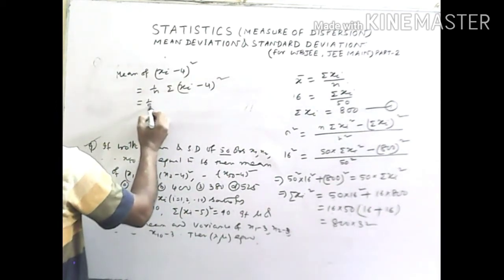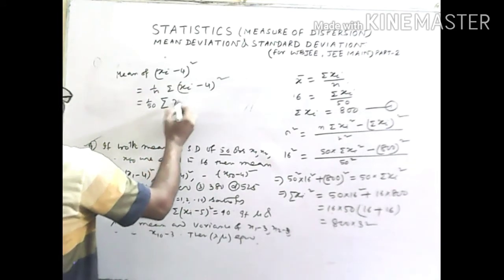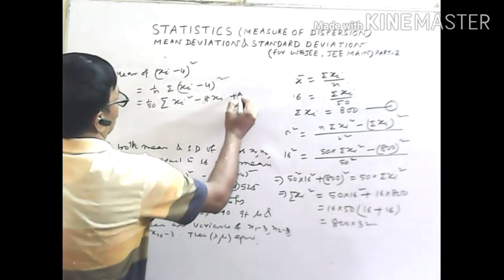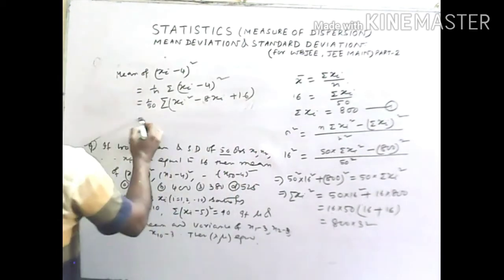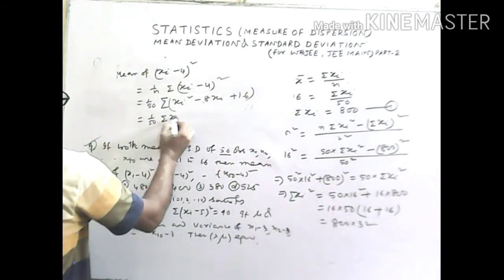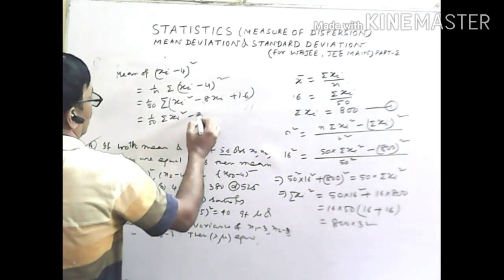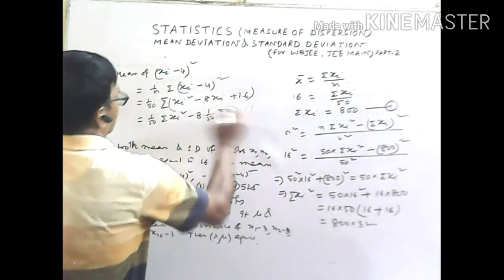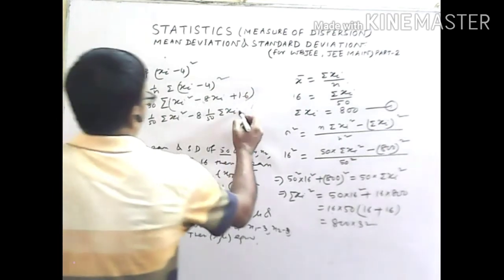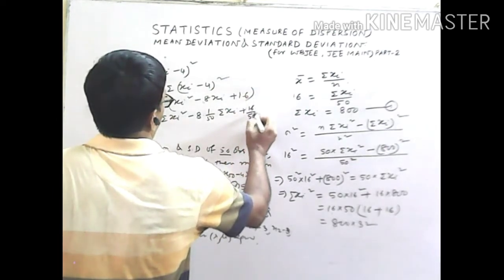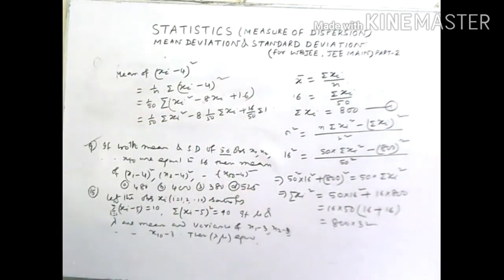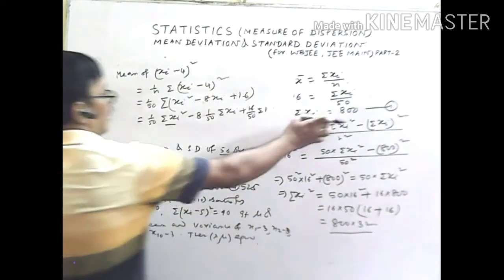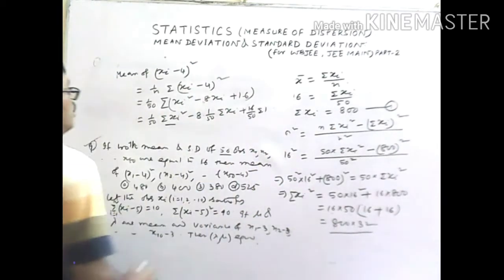What is n? n is 50. So look, 1 by 50 summation xi square, minus 8 outside, 1 by 50 summation xi, plus 15 by 50 summation 1. So putting in the value of summation xi square, summation xi, and summation 1 is 50.